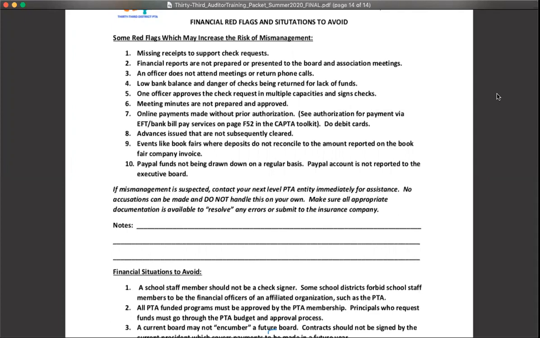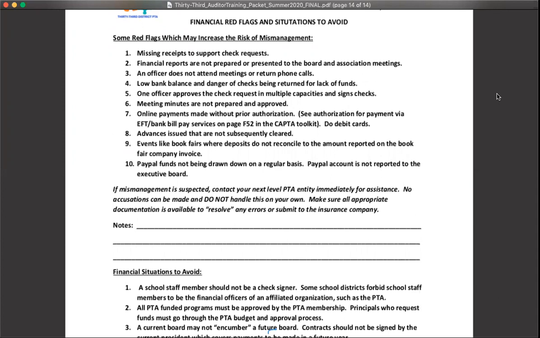If there was a $500 advance and $600 was spent, then they would request a check for that $100. But I've seen where advances are not cleared and money has not been cleared. So for example, the $500 advance, you can see that they spent only 400, but there was no follow-up on the 100 that was not cleared.